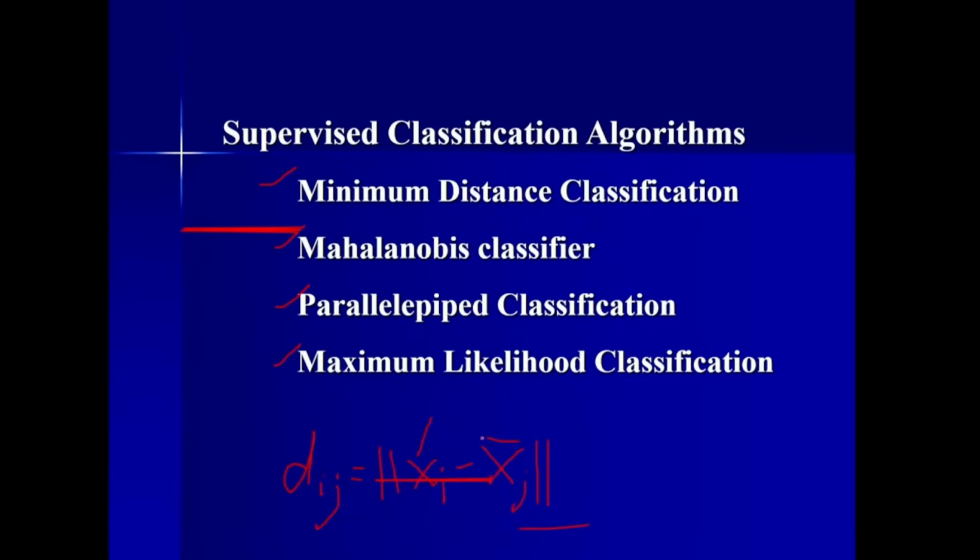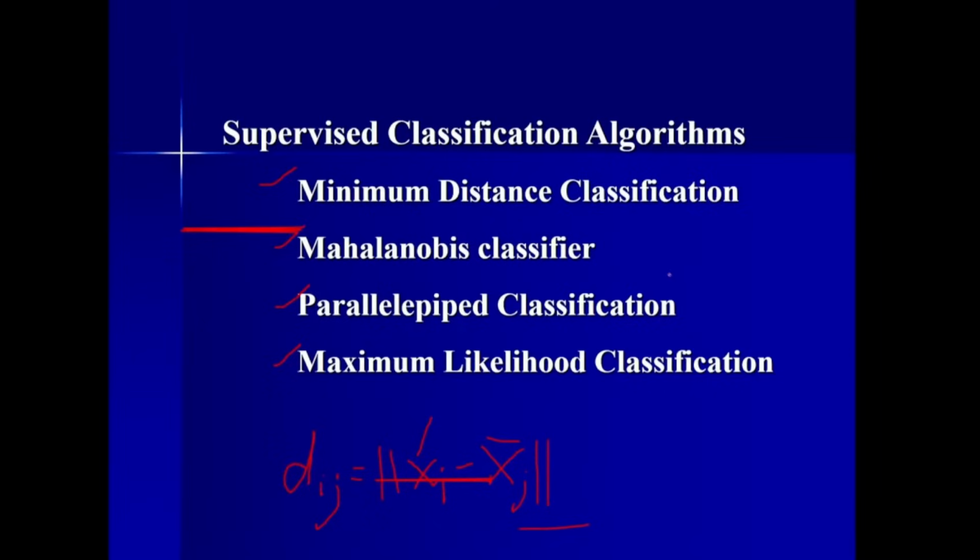Once you check the distance for all the classes for pixel 1, you find out for which class the distance is minimum, and that first pixel will be labeled to that class. So every time you check for which class the distance is minimum, and accordingly you label that pixel to that class. Again, it works on the minimum distance criteria.